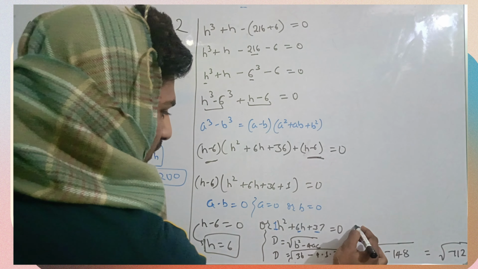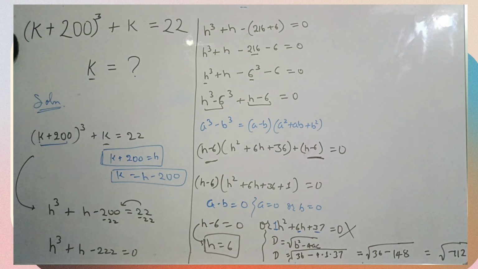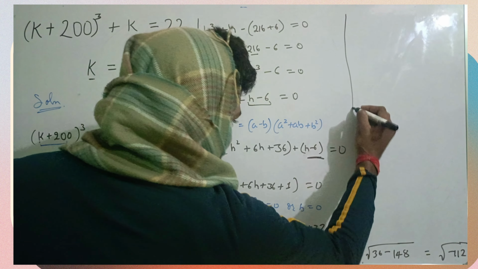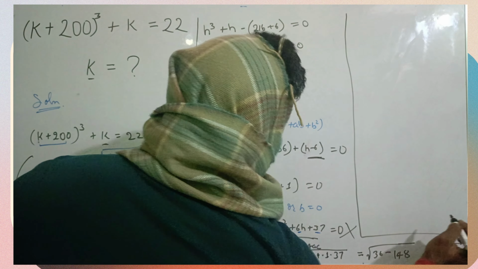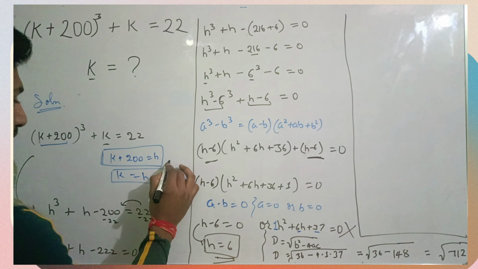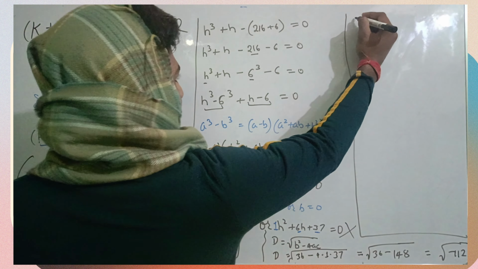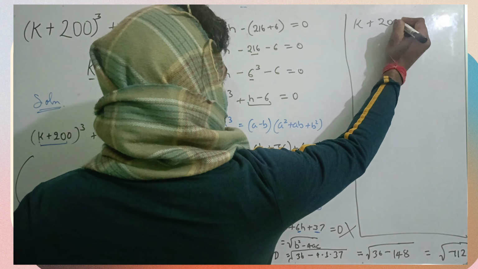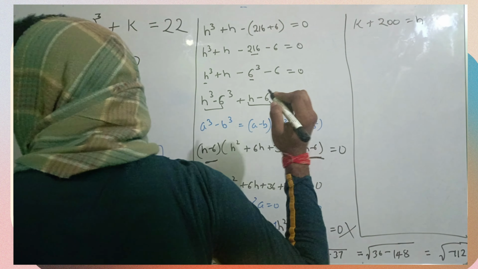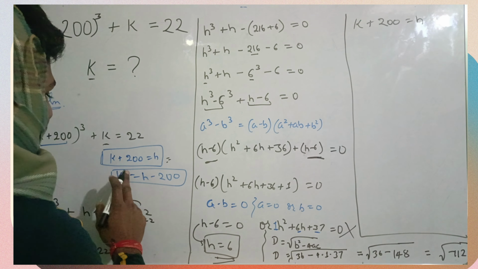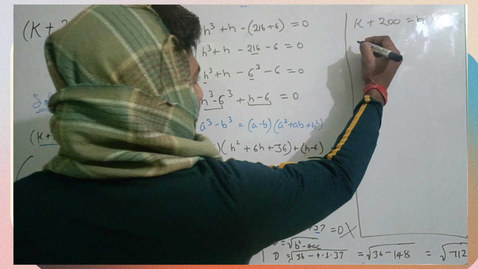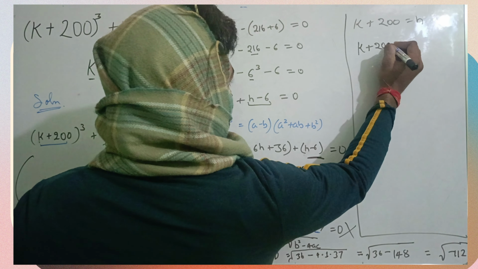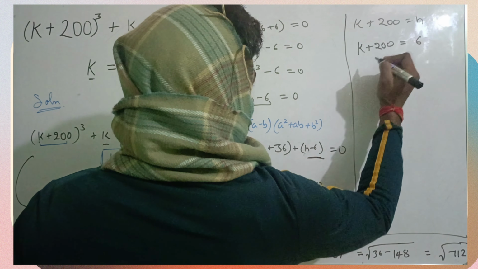So we are going to leave this as it is. Now we have got the value of h as 6, and we have assumed that k plus 200 is equal to h. Putting the value of h here, we get k plus 200 is equal to 6.